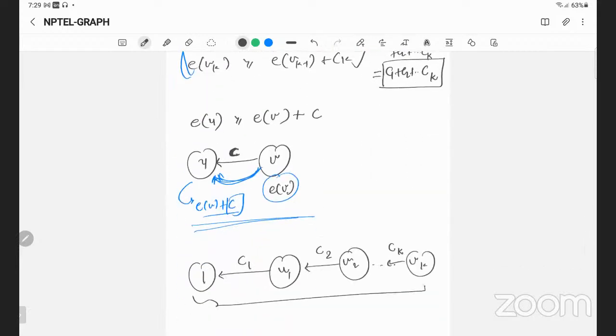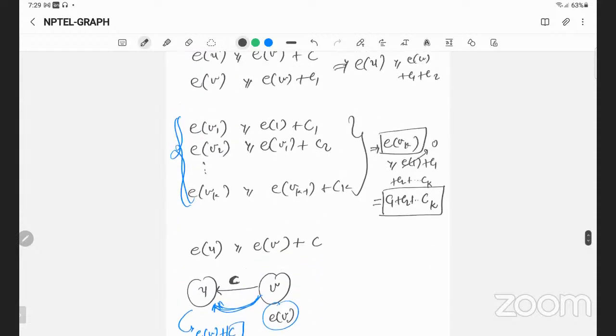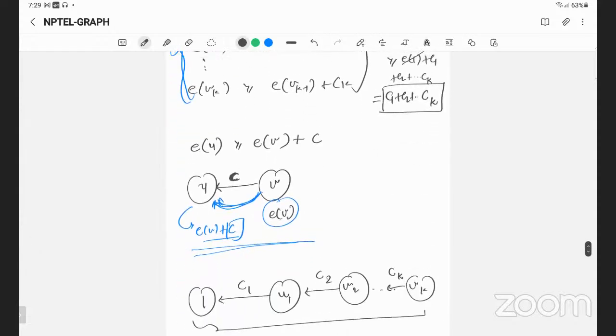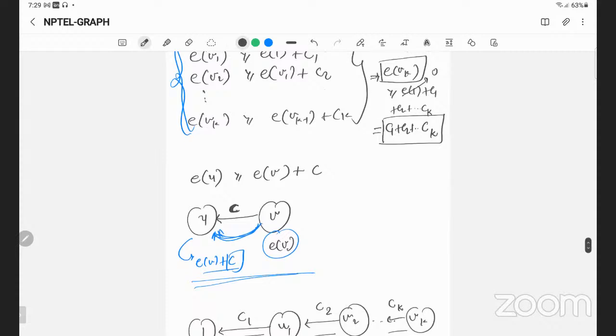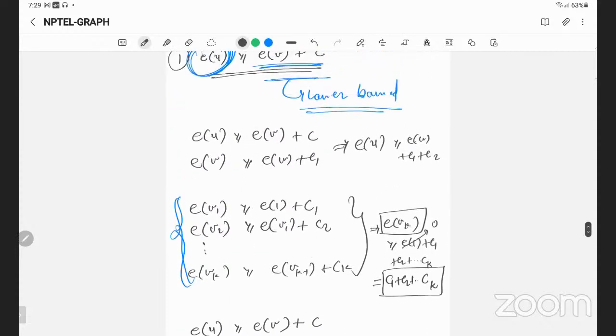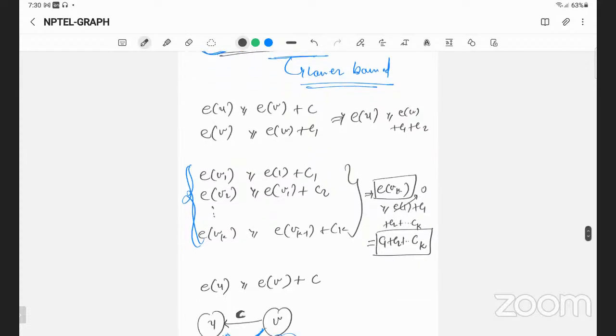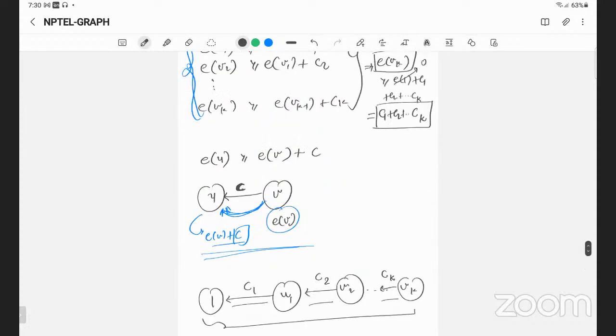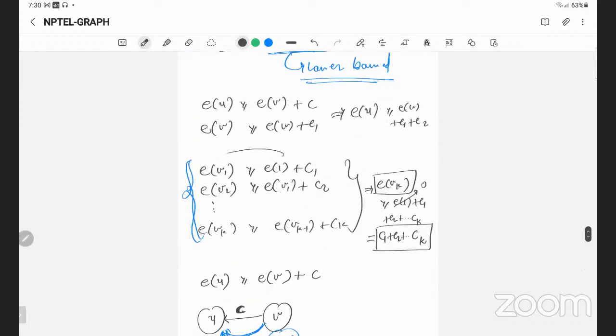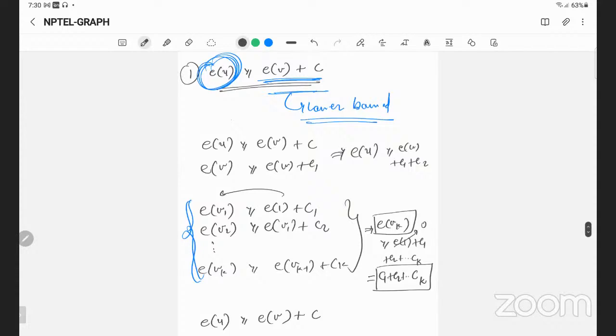So here also I want to find a path from 1 to Vk, but since these edges are in different directions, if I negate these weights, let's say I flip these inequalities.